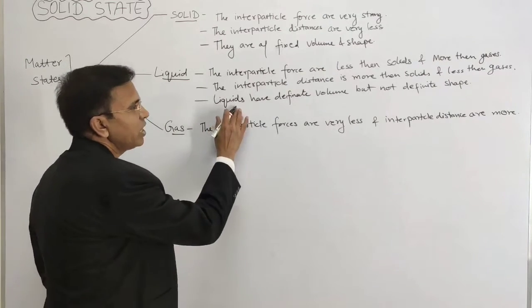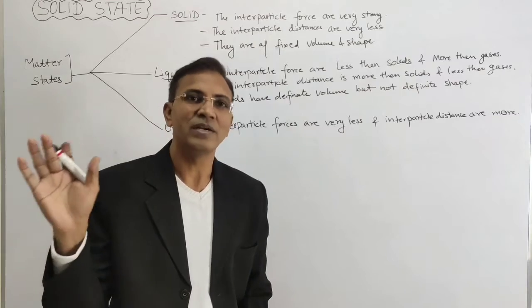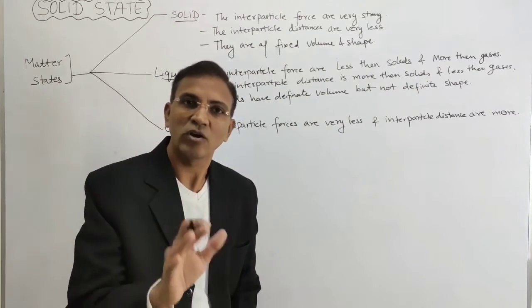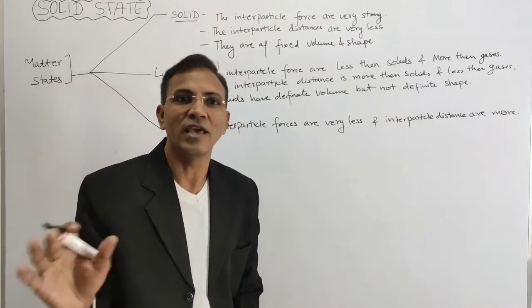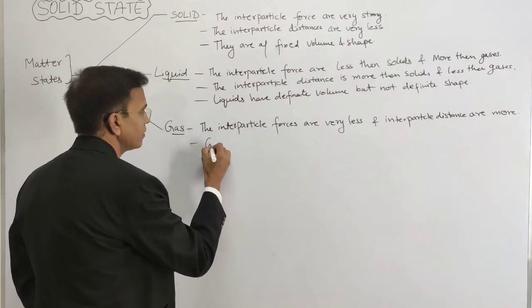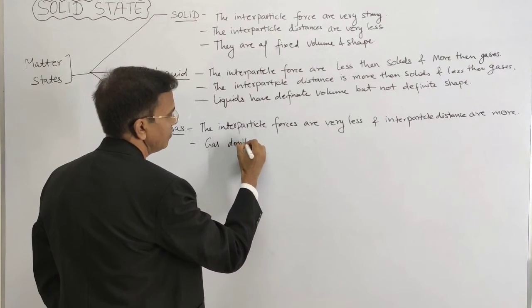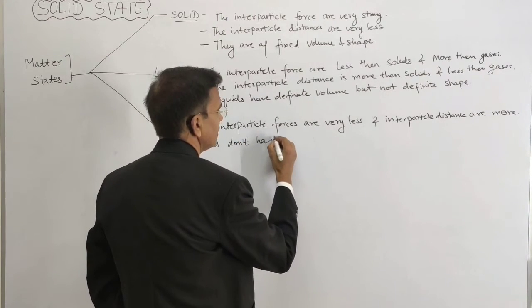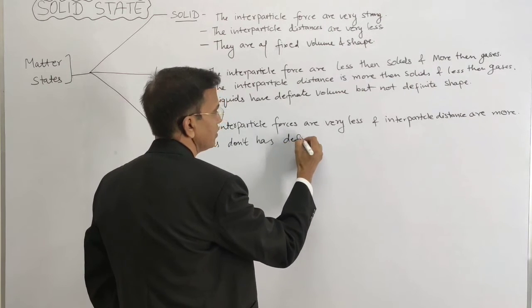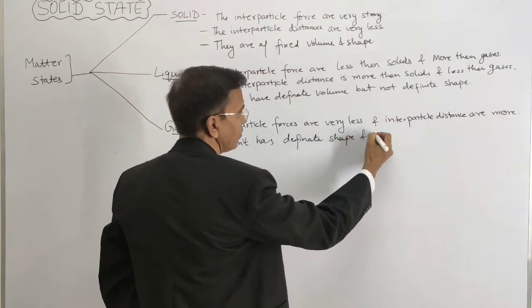Now the shape and the volume. Gases don't have definite shape or definite volume. They occupy all the space in which they are held, right? So here gas doesn't have definite shape and volume.